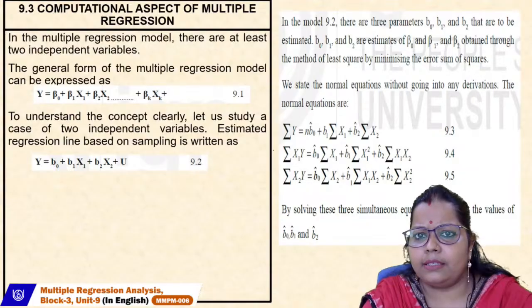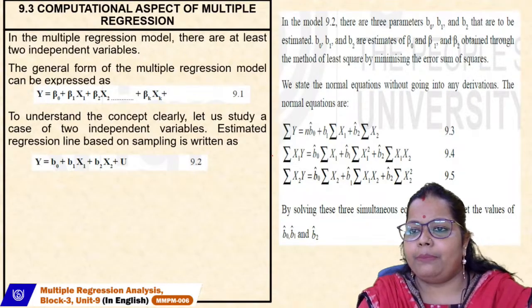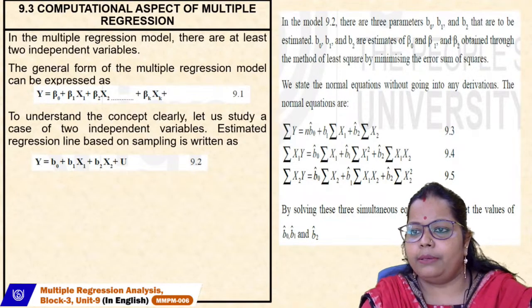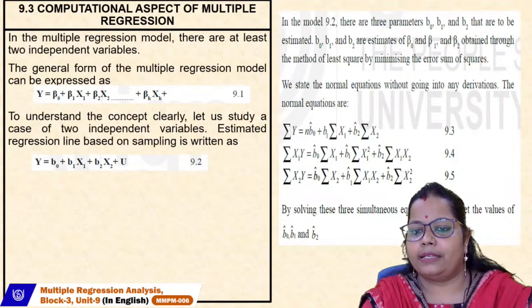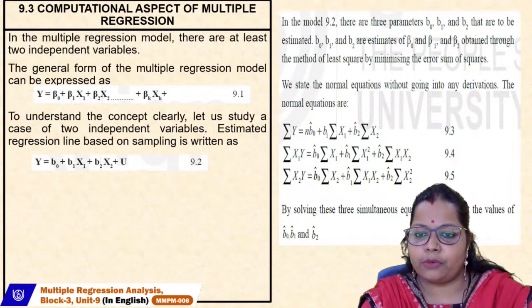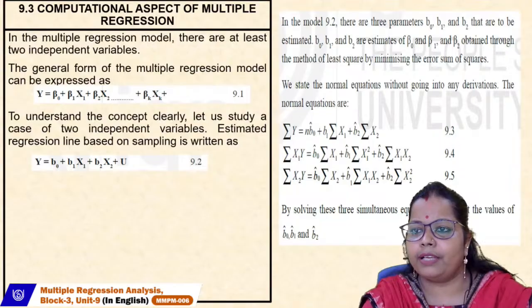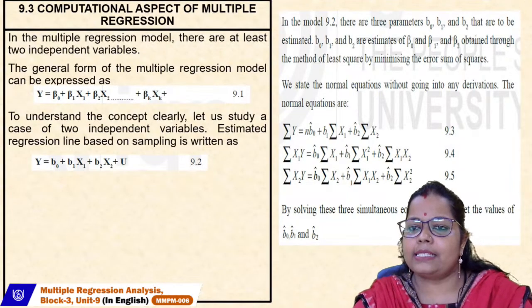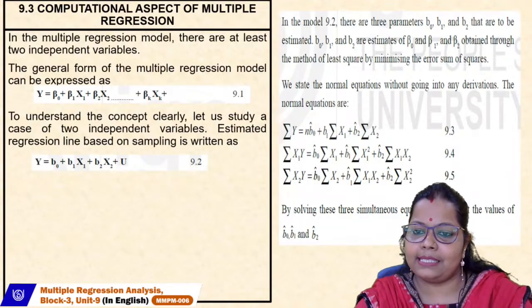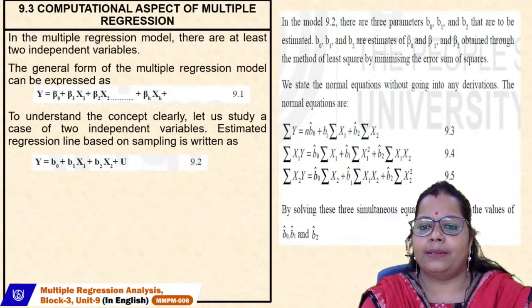You can see here there are three parameters, beta 0, beta 1 and beta 2, that we have noted as b0, b1 and b2. They are to be estimated, because after solving these three equations we are going to find the values of b0, b1 and b2, which, as I said, are the estimators.